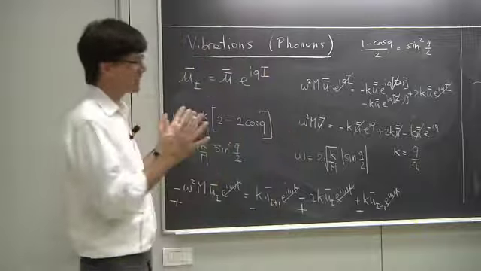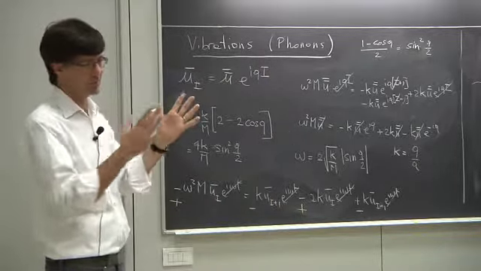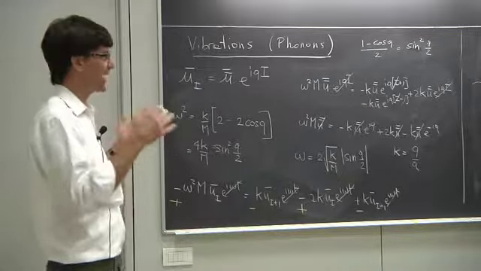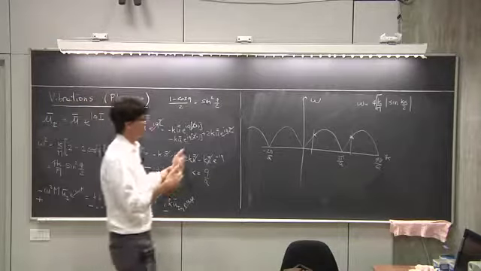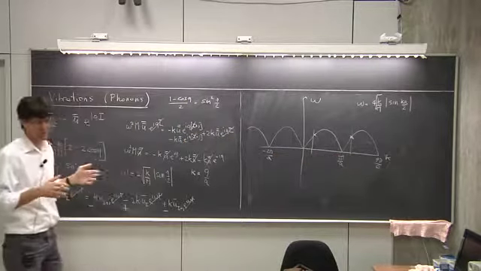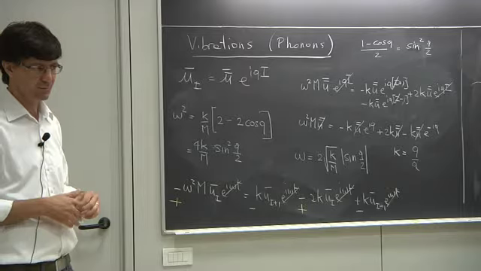So if I translate my problem by 2 pi over a in my k variable, I'm not going to add any additional solutions. I'm going to find again and again the same solutions. Every time I move by 2 pi over a, I'm going to find the same frequency, same solution, same everything. All right?